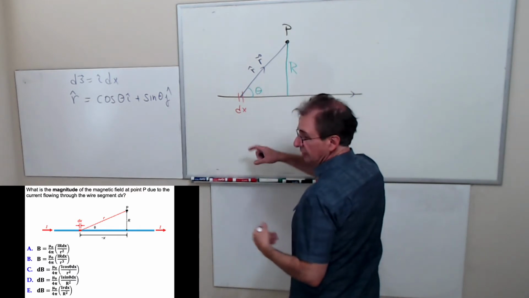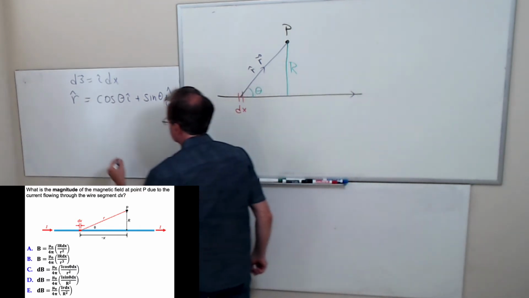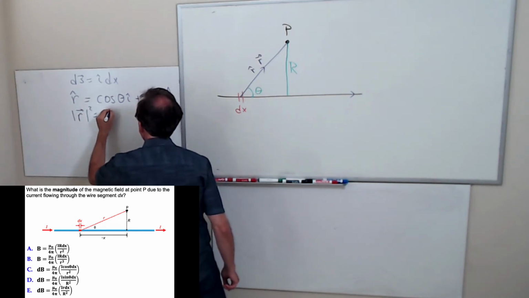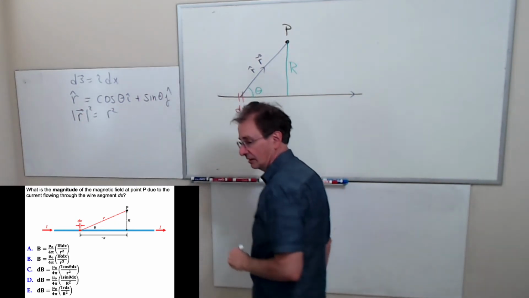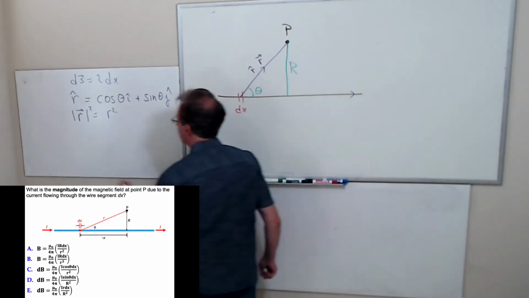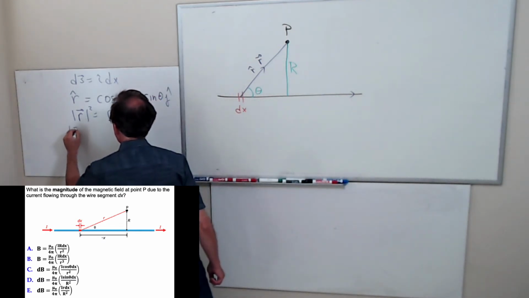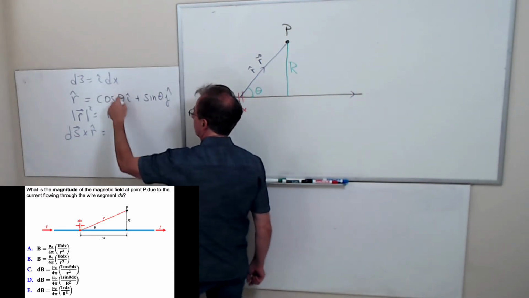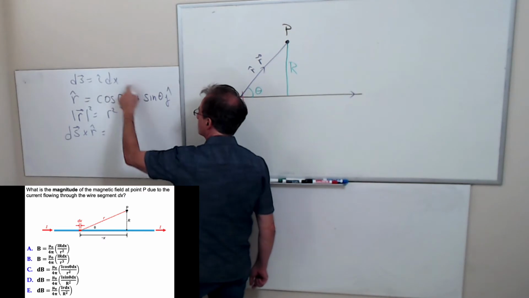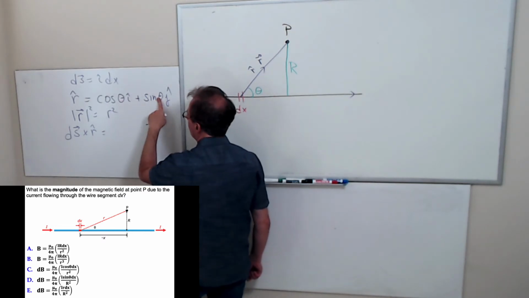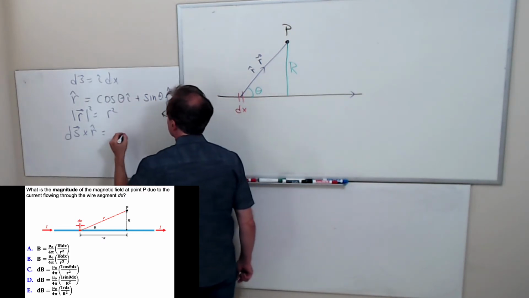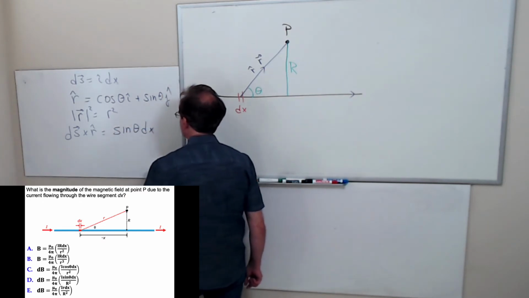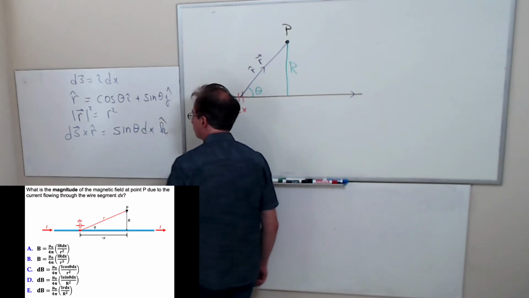My r squared is just r squared. Then my ds cross r hat, I take the cross product of these two, I get 0. I take the cross product of these two, I get something in the k hat direction. So I'm going to get sine of theta dx in the k hat direction.